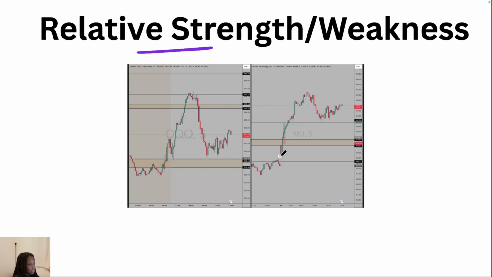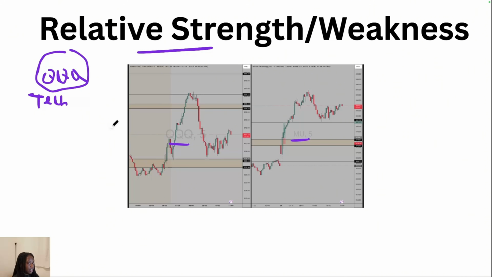Once you add this to your trading, you're able to identify when a stock is strong or weak compared to the overall market. For example, here in this chart, you have QQQ and MU. QQQ is basically the ETF that holds the tech stocks. A lot of the big tech names are in this basket, called QQQ.